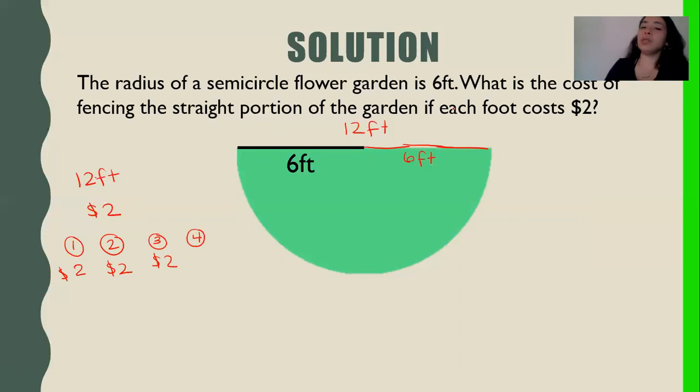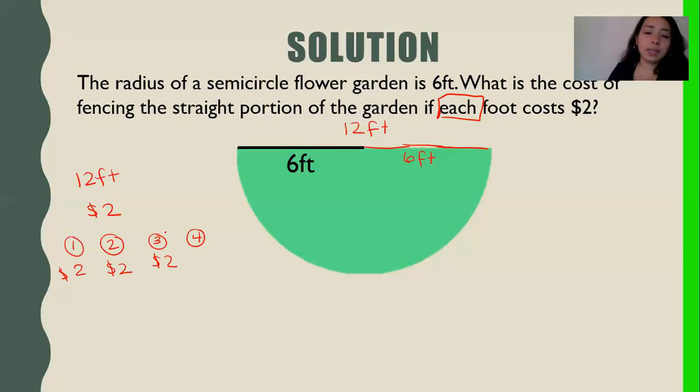And if we remember, when we look at the word each, sometimes we can use an operation. Is that addition, subtraction, multiplication, division? Each. Multiplication.